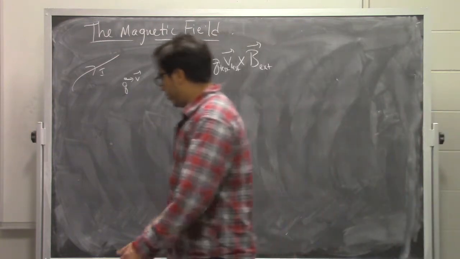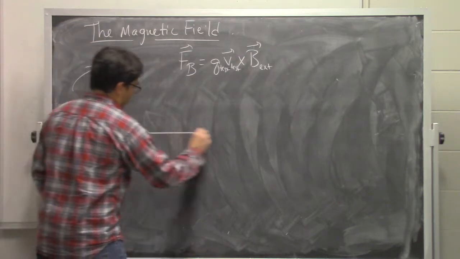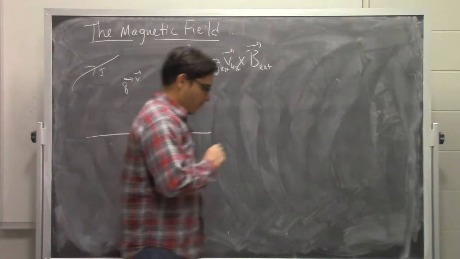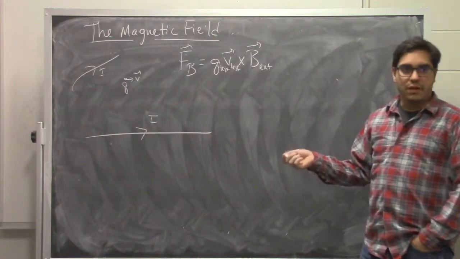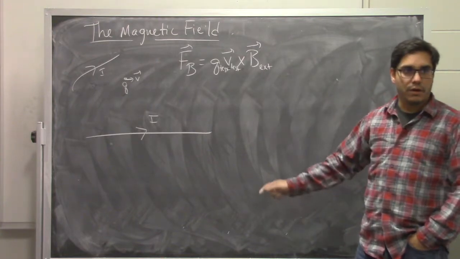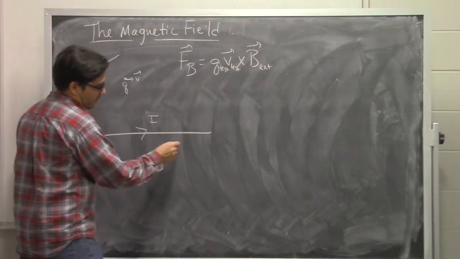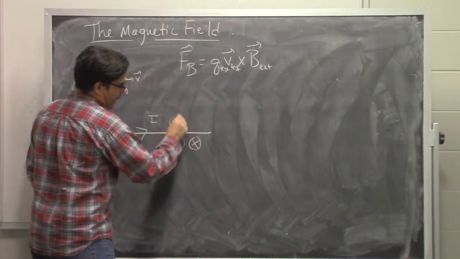Now, there's a couple of interesting things about this right-hand rule business. So if we have a wire with some current that's running down it, the right-hand rule tells us that the magnetic field will actually circulate around this wire. So current-carrying wires produce magnetic field that in this case will point into the board below it and out of the board above it.